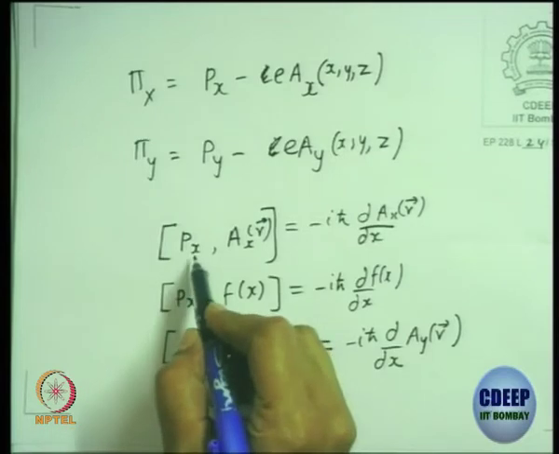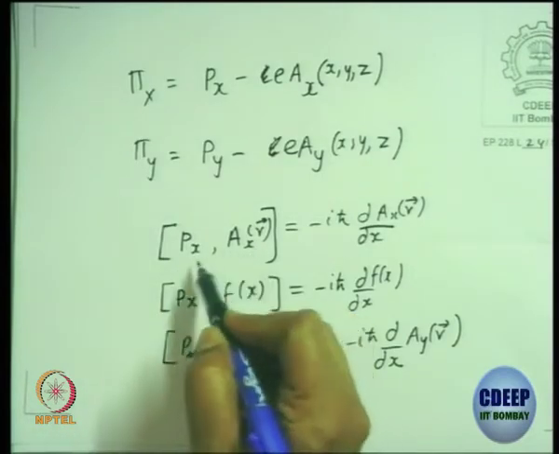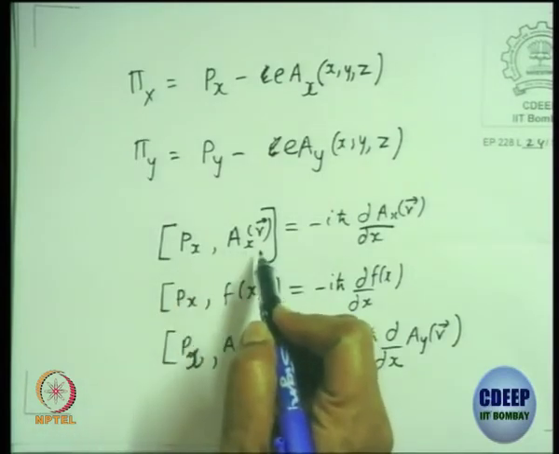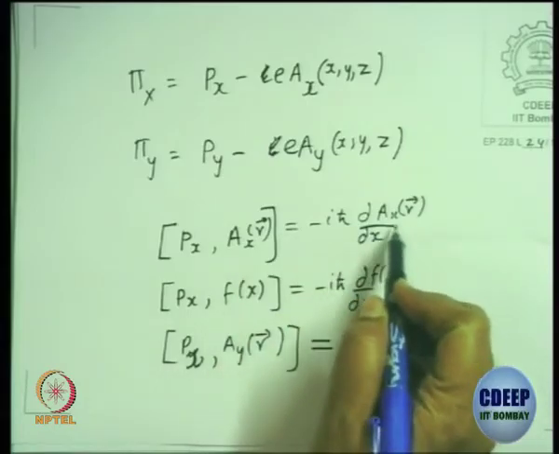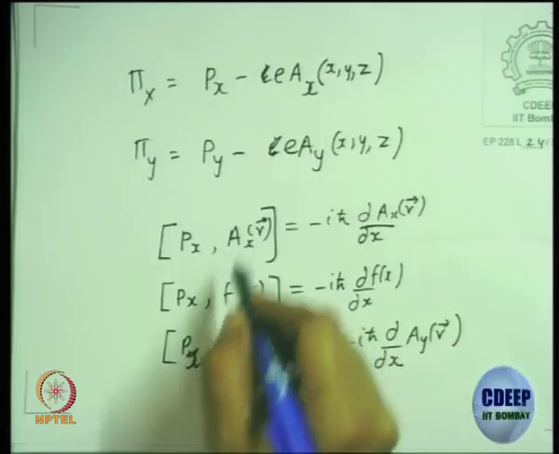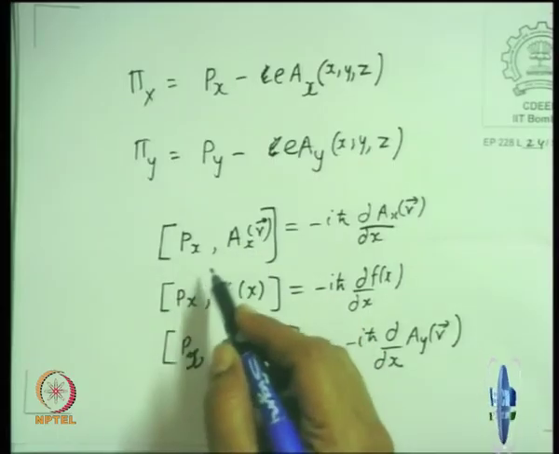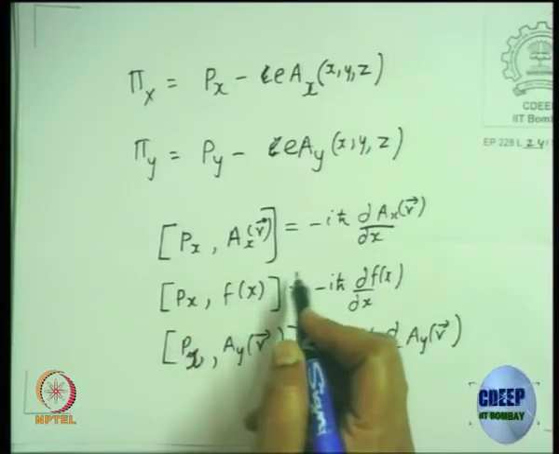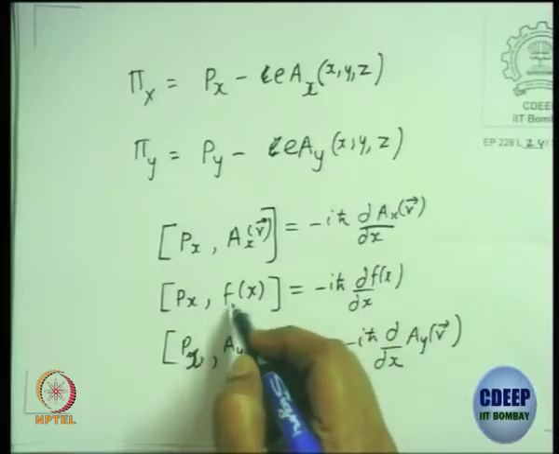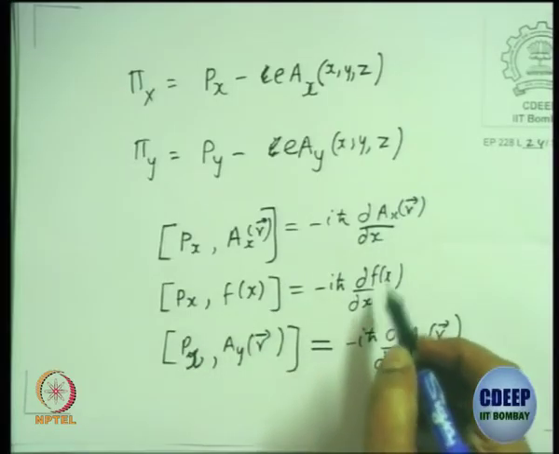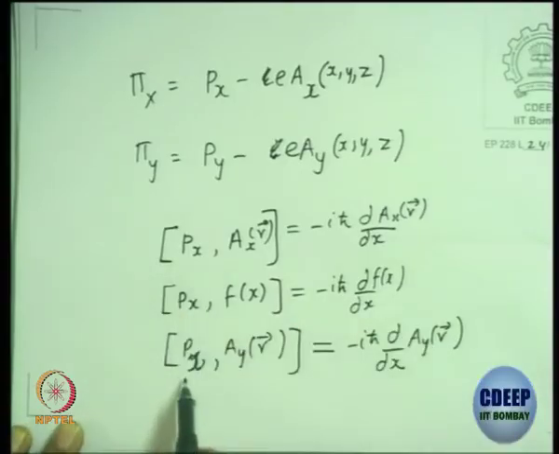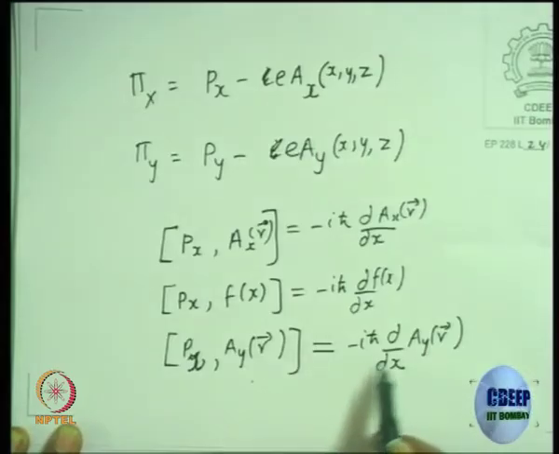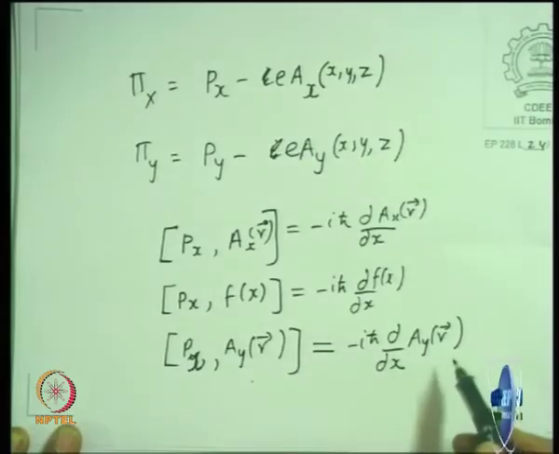So if you take px with Ax, that commutator is not 0, it will be minus iħ ∂Ax/∂x. This is because you know the commutator of px with x is non-zero, and if you have any function of x, it should be ∂f(x)/∂x. Similarly, if you try to find the commutator of px with Ay, you expect it to be minus iħ ∂Ay/∂x.